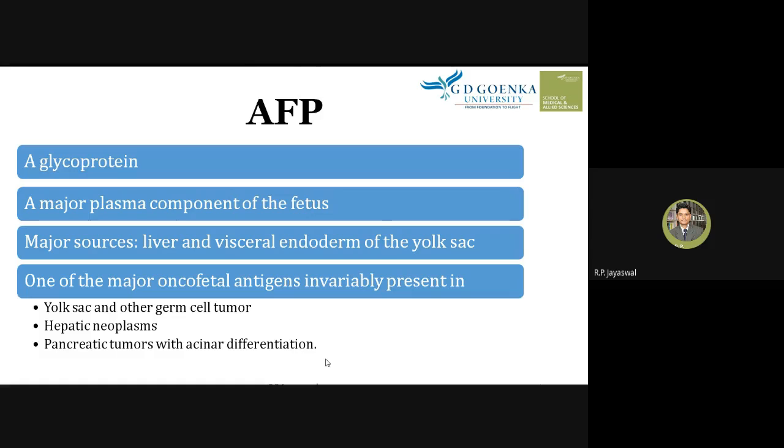It can also help us to differentiate if there is a hepatic neoplasm or a pancreatic tumor, right? So this is also considered an oncofetal antigen.